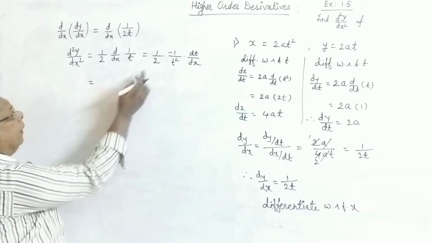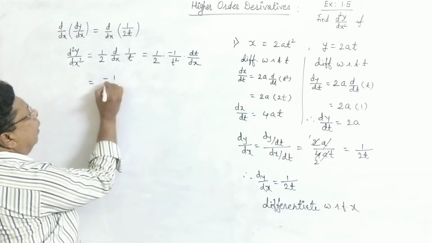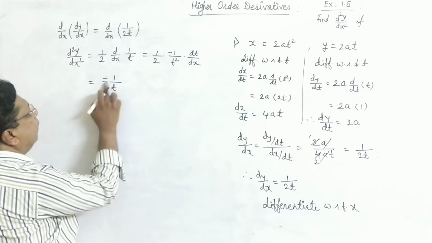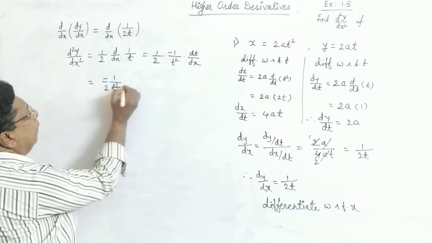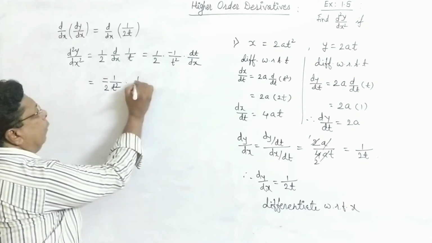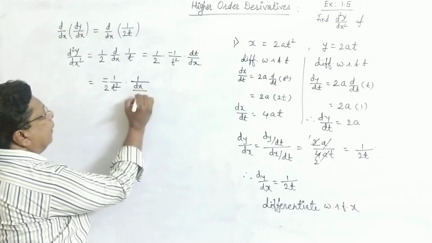So this can be written as minus 1 upon 2t square into dt upon dx. You can write it as 1 upon dx by dt.